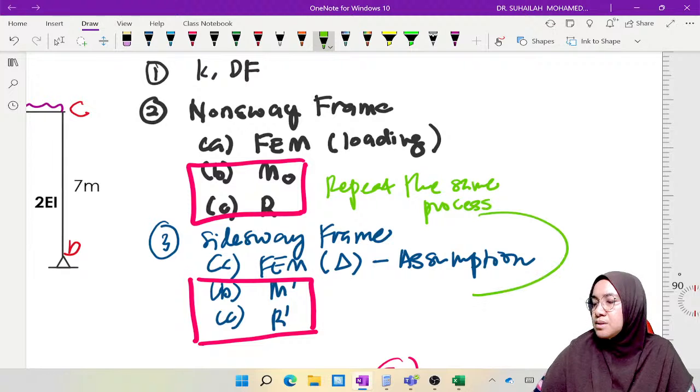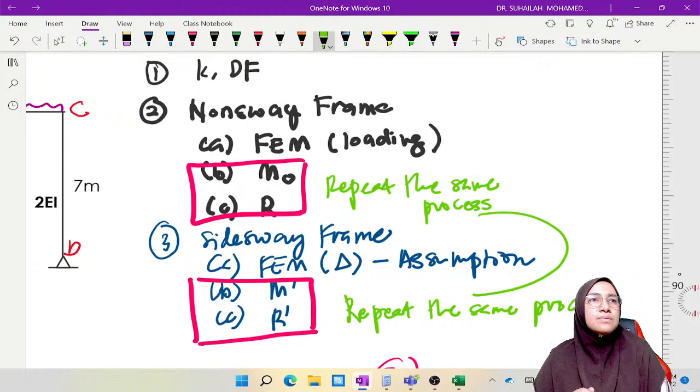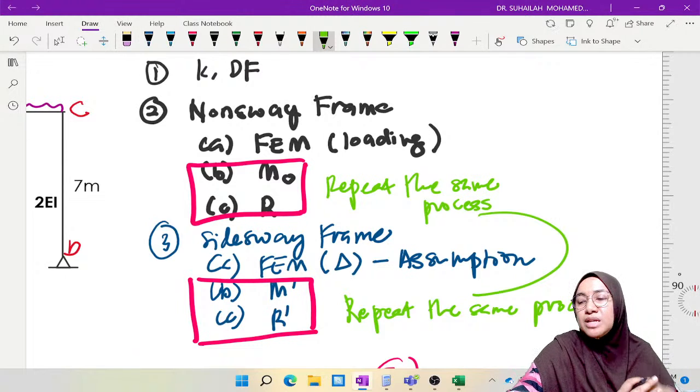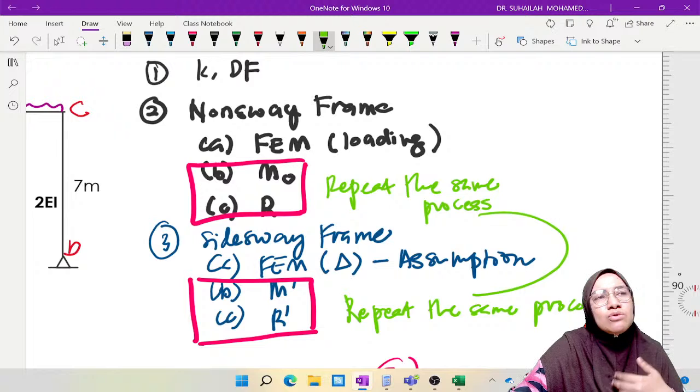Different is only dekat A. M prime tu dah masuk dalam table FEM, so proses tu repeat the same.